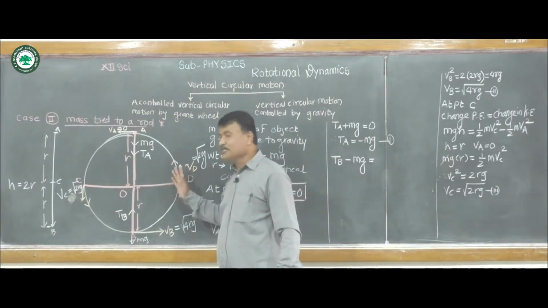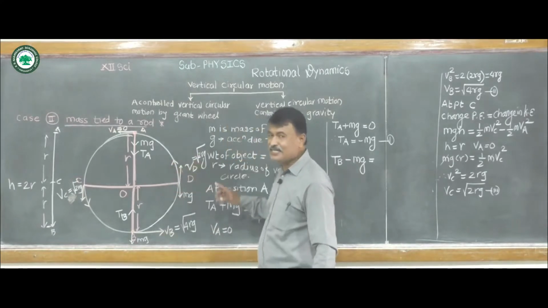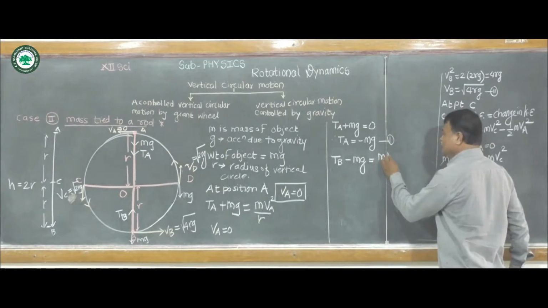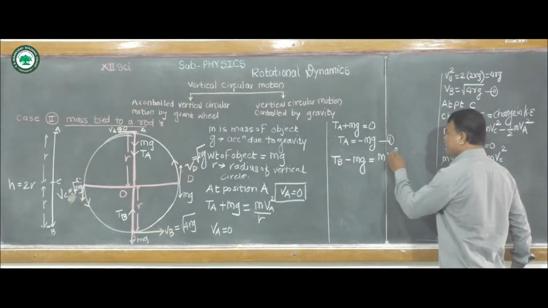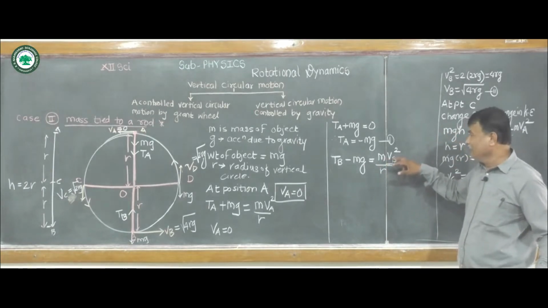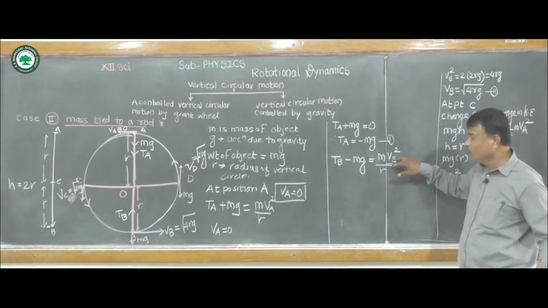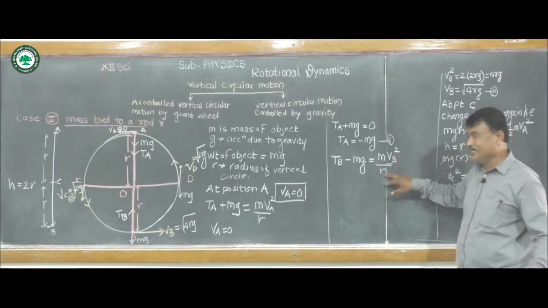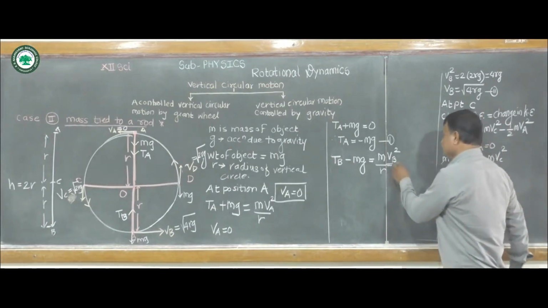For vertical circular motion, there is a necessary centripetal force, and that centripetal force is mvb square upon r, where m is the mass of the point mass, vb is the velocity of the point mass at point B, and r is the radius. Now, this is equation 2.